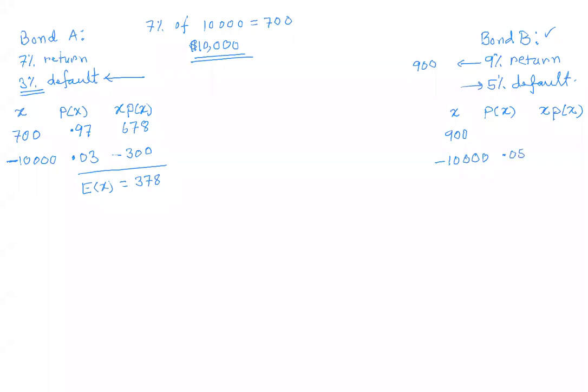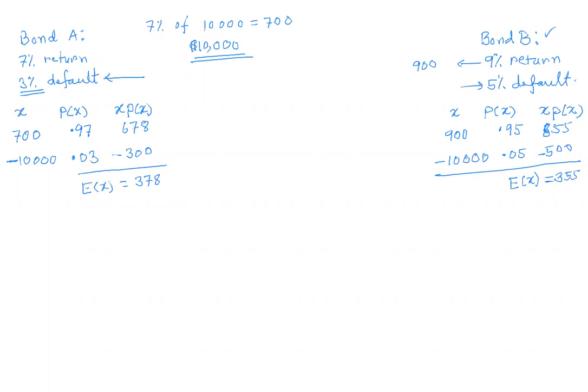Then the chance that you will get $900 is 95%, or 0.95. So this is going to be 855, and this is going to be negative 500. Now, if you add the last column, that gives you the expected value or expected return from this investment, which is $355.